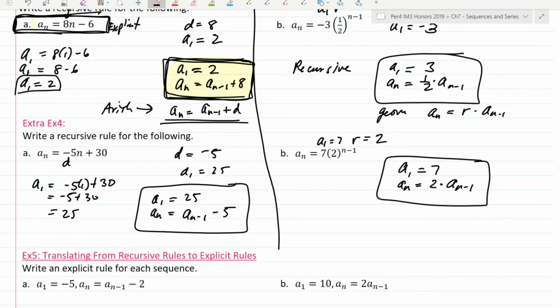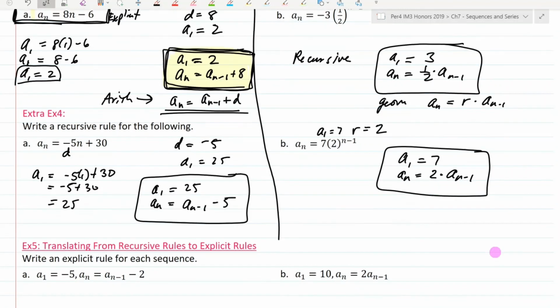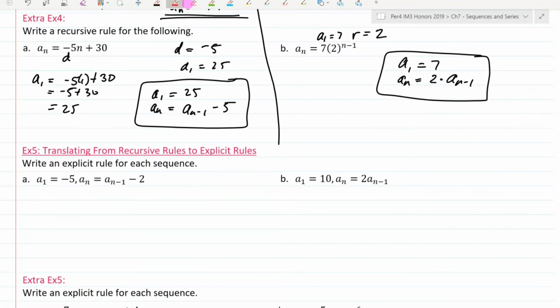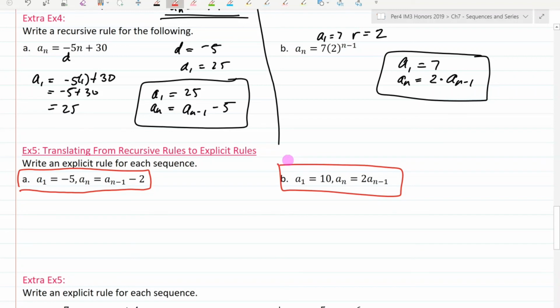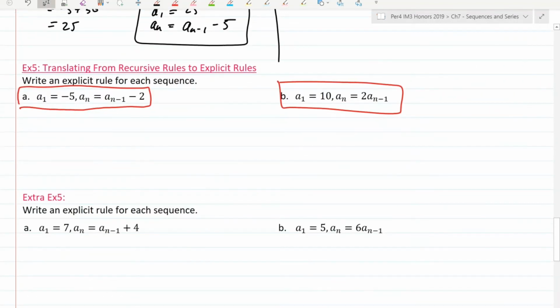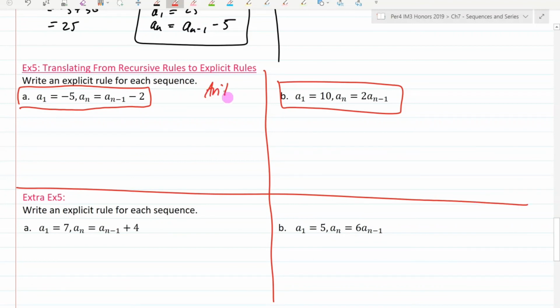All right. Next, we're going the other way around. Okay, so to go the other way around, it's pretty easy as well. We're going from recursive to explicit. So in order to do arithmetic and geometric, when it's arithmetic, you need a1 and you need d to do explicit.